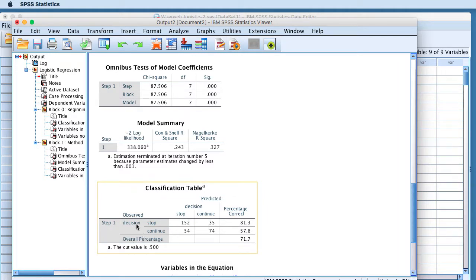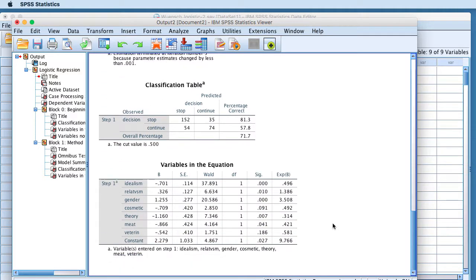Now we observed that 54 said to stop, but we actually predicted that 74 would continue. And so these agree with our data. But here they observed 54 to continue, and here we have 54 to stop. So these are erroneous predictions as well. But overall, our hit rate, or our prediction rate, based on this analysis is 72%.